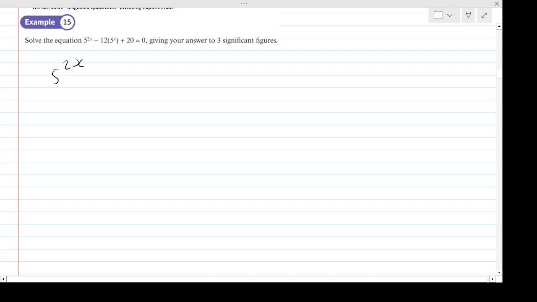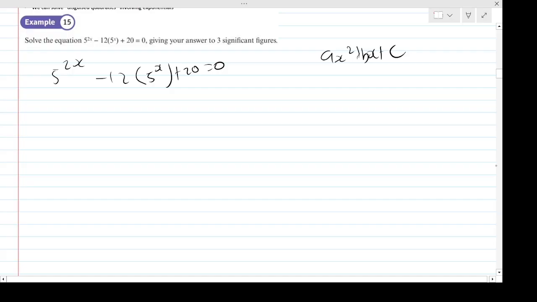It's in quadratic form, but it's not apparent. I'm saying this is actually a quadratic, but it isn't in the form ax squared plus bx plus c. I need to get it into this form, and using a substitution might help. We looked at this in quadratics, so if you need a reminder about how we deal with disguised quadratics, you can look at that.